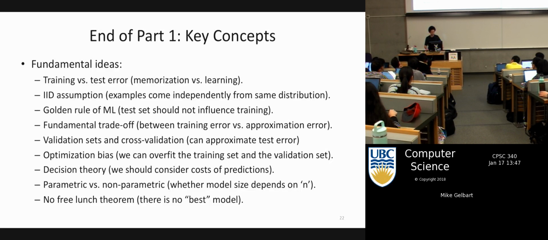We made some big distinctions like probabilistic or not, parametric or not, so we're starting to organize these ideas into a taxonomy of classifiers. We talked about the no free lunch theorem, saying there is no model that's best at everything, and that's why we want to study a bunch of different models.